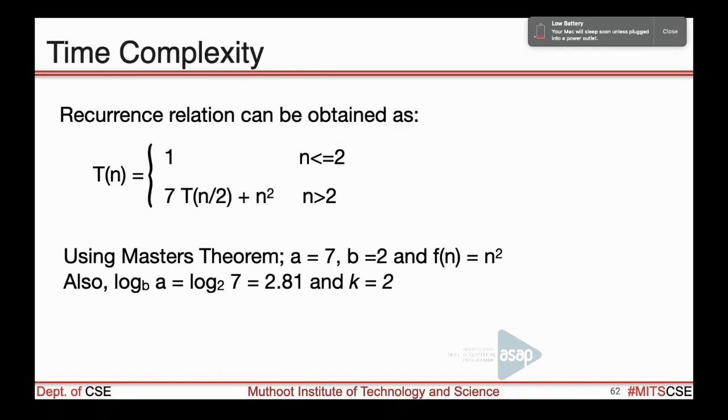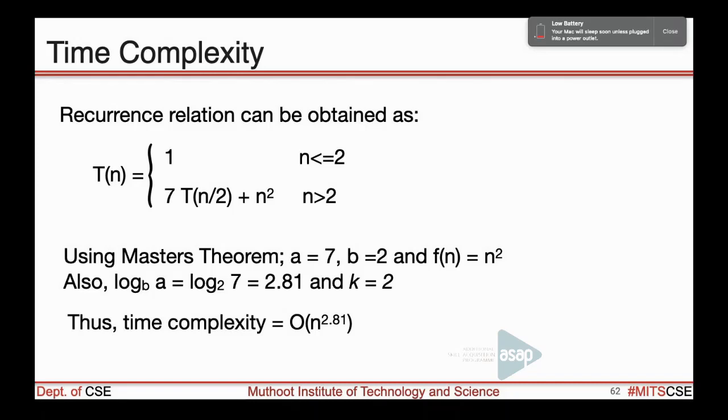So the recurrence relation can be obtained as T(n) = 1 when n is less than or equal to 1, and 7T(n/2) + n² otherwise. By Master's theorem, when you solve this, you get that complexity is in the order of n^2.81. That is, the complexity has been decreased from order of n cube to order of n^2.81, which means the complexity has been reduced slightly, but still it's a reduction.